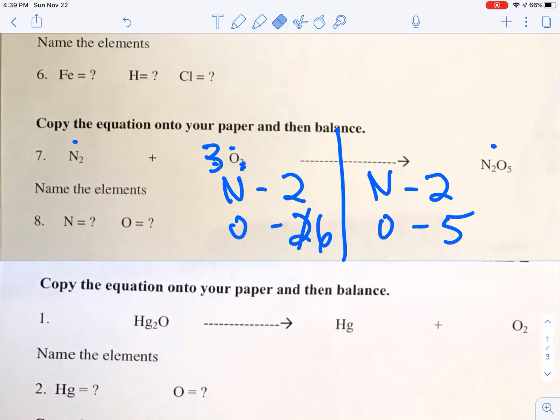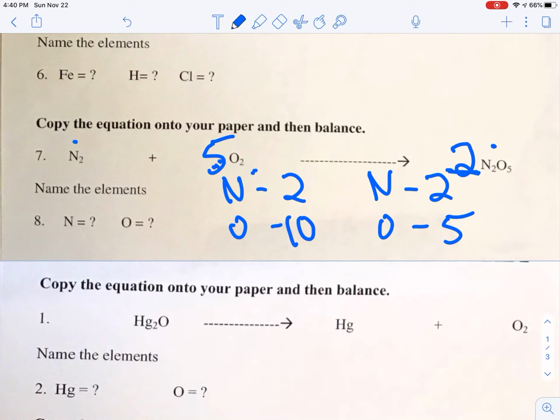But if we put a 5 there, what's 5 times 2? That is 10. I wonder what number I could put here to make 10 oxygens.